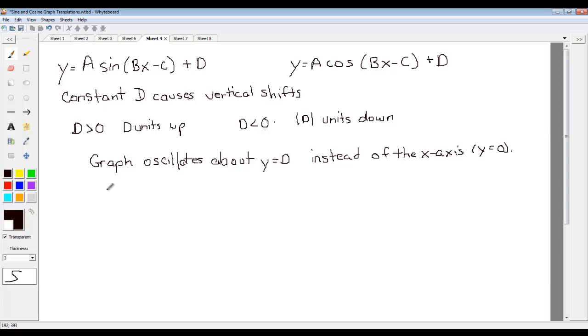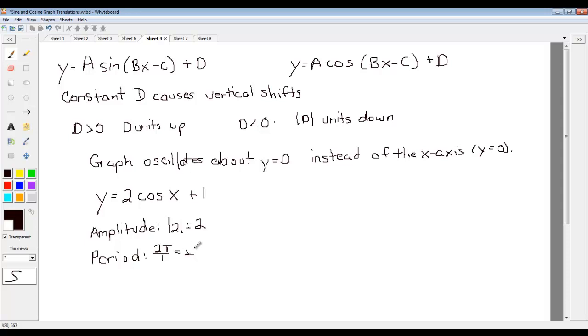So let's do an example. Let's say we're graphing y equals 2 times the cosine of x plus 1. The plus 1's there. There's no parentheses, so the plus 1 is separate from the cosine of x. We know the amplitude is 2, so we have a vertical stretch. The period is 2 pi over 1. There's a 1x here, 2 pi over 1 or 2 pi, because it's just cosine x.